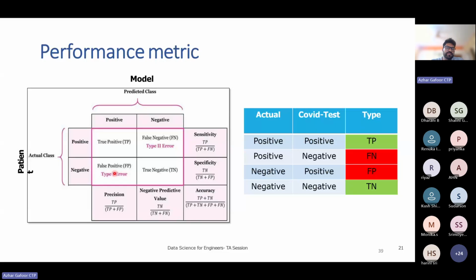Precision is a measure of how much our model is able to truly predict positive classes. Then we have sensitivity.